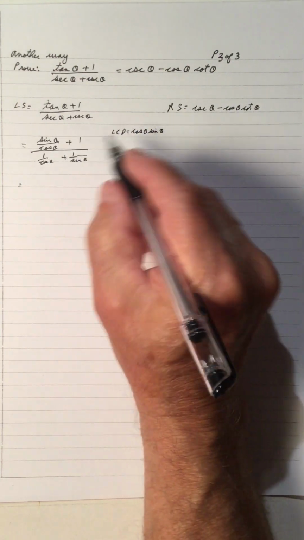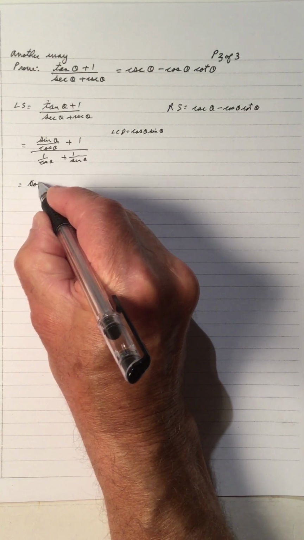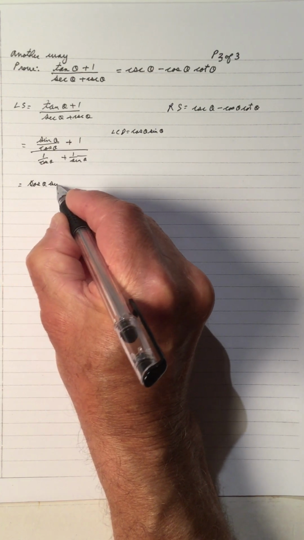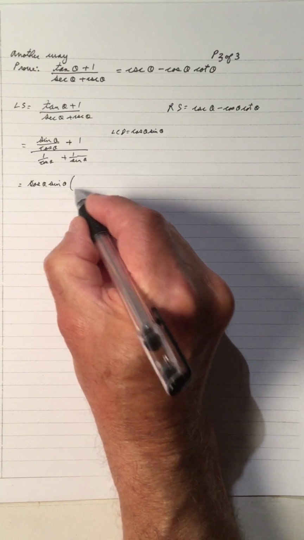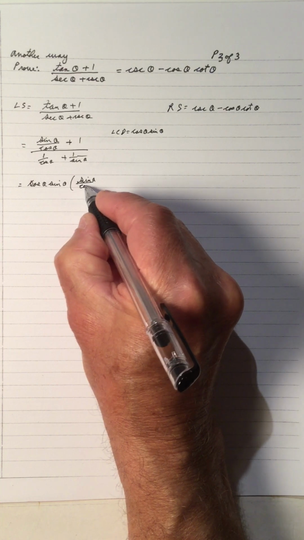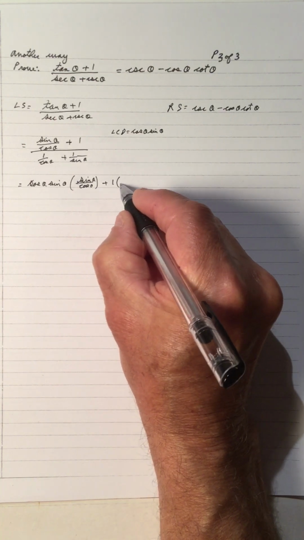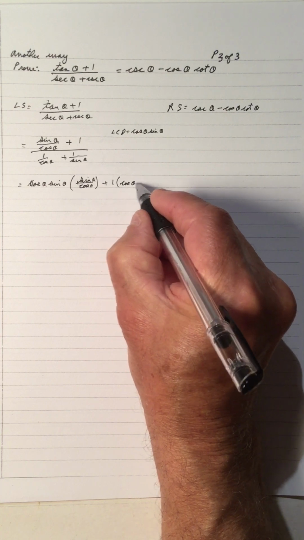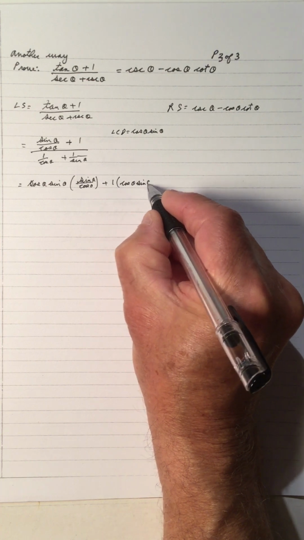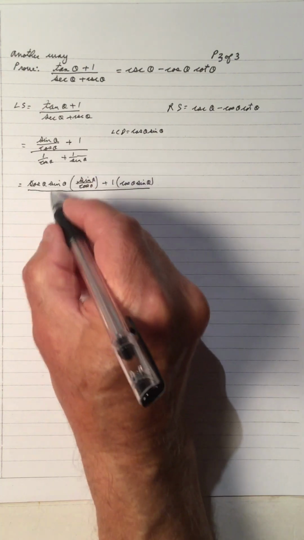So if you take the cos theta sine theta, so again, cos theta sine theta times sine over cos, and 1 times, so what I'm doing, I'm multiplying the LCD by all parts of the expression.